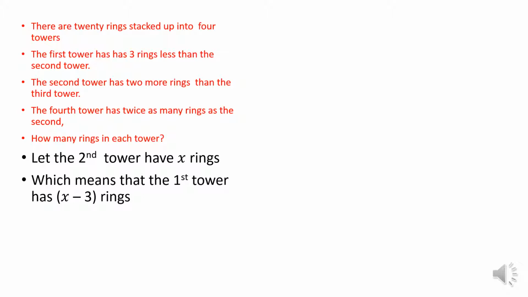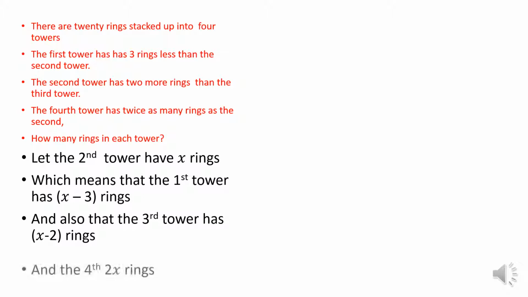So tower 3 is going to have x minus 2 rings. Now, tower 4 has got double the number of rings in tower 2. So if tower 2 has got x rings, if you double x, you get 2x. So tower 4 has got to have 2x rings there.